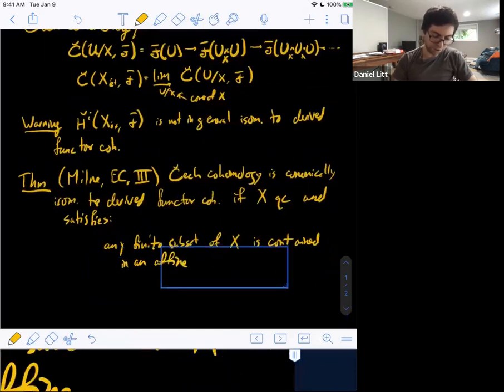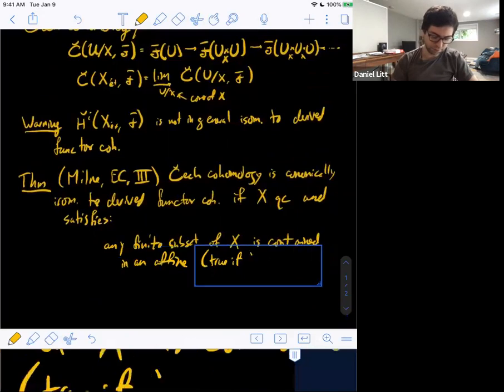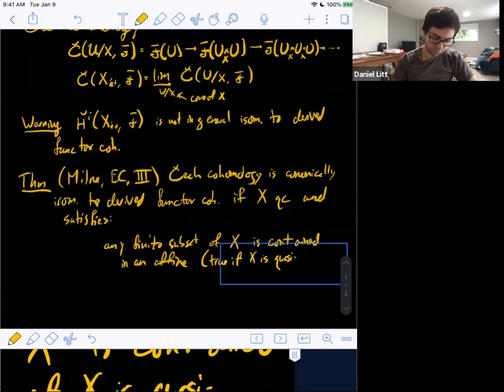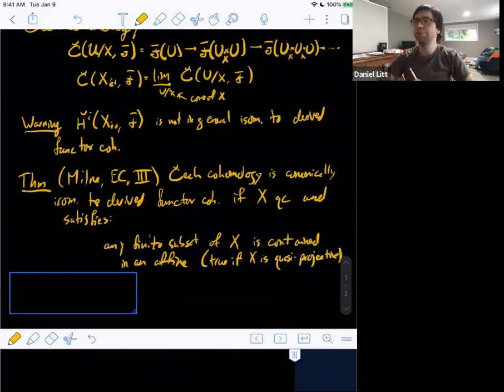And then the remark, and there was some discussion of this in the Discord, which is that this is true, for example, if X is quasi-projective. The discussion in the Discord was, how do you check this if X is quasi-projective?